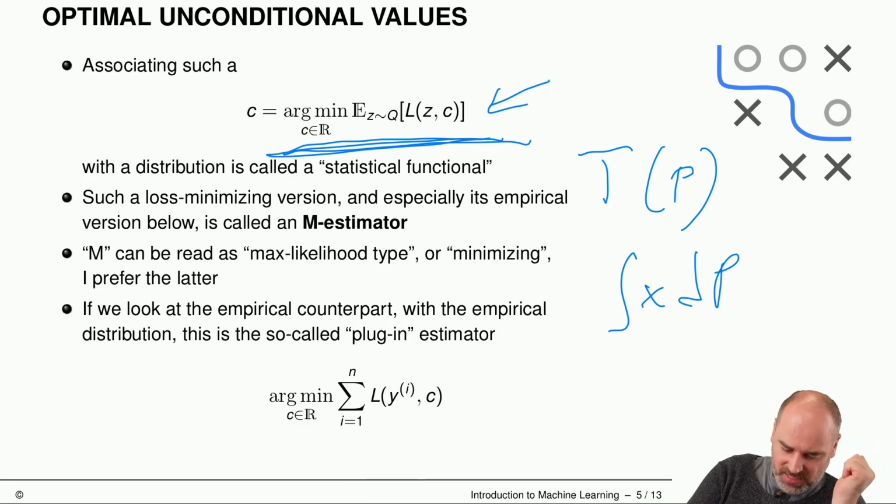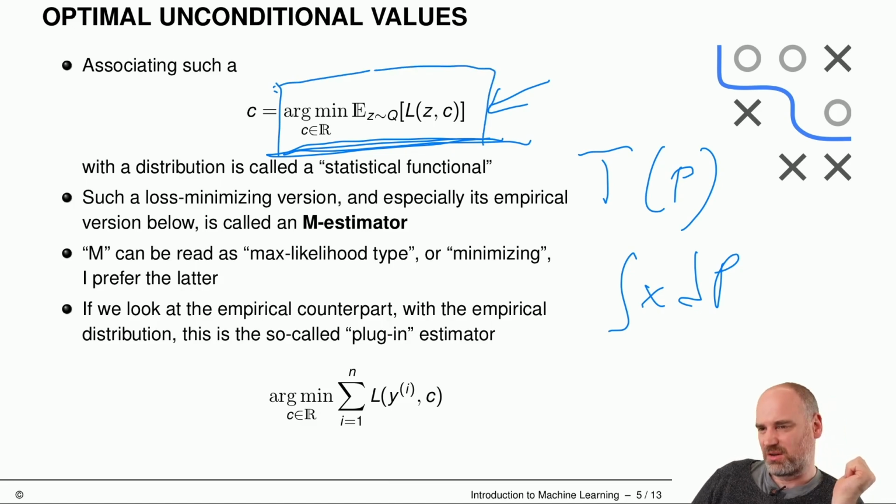Now, if we generalize that and say these statistical functionals that we're interested in can be written as a loss minimizing problem, this is the c value that is minimal when we compute the expected loss between our random variable z and our constant c. Something like that is called an M estimator in statistics. Some people call this thing here already an M estimator.